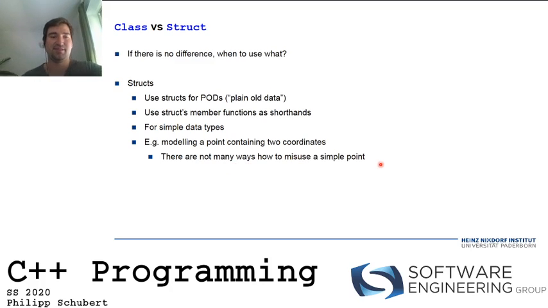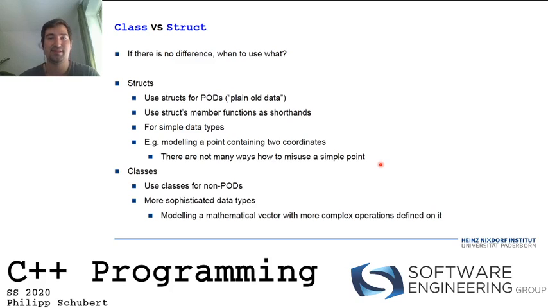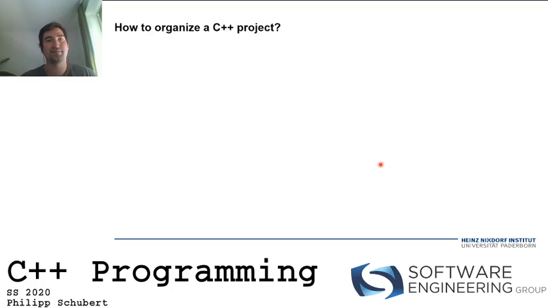It's probably not much risk. And use classes for non-POD data types, for more sophisticated data types, like, as you saw here with the rec3, if you wish to model a vector from mathematics with more complex operations defined on it. Also, if you have some more complex graph types and whatnot, then you would probably always use classes. At least that's the convention.